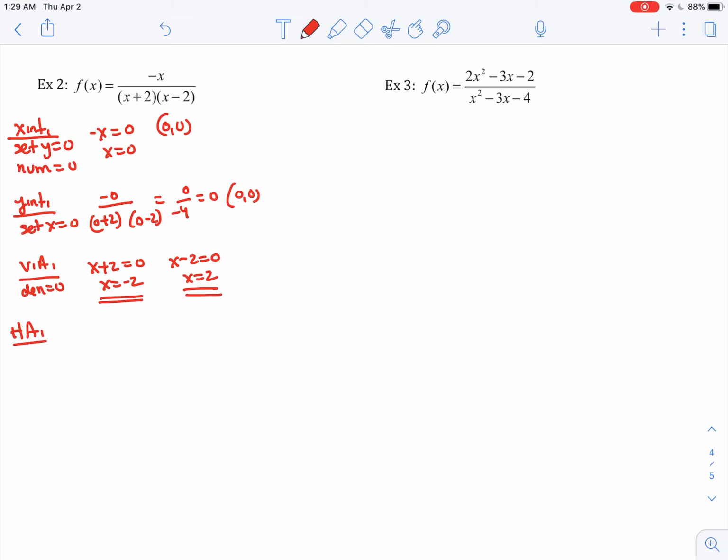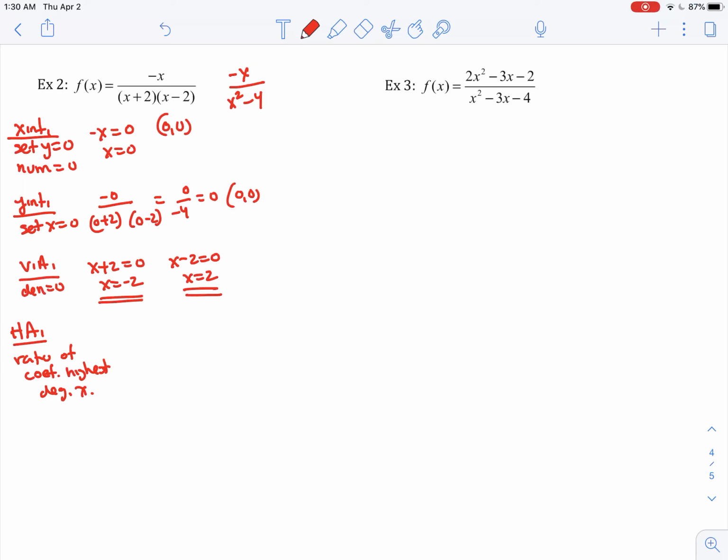And for our horizontal asymptotes, we're going to look at the ratio of the coefficients of our highest degree of x. If we were to think of this multiplied out, this would actually be x squared minus 4 in the denominator.